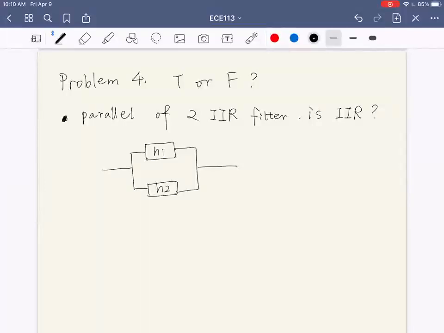And if I give you a concrete example, h1 of n is the unit step function, and h2 of n is a delayed unit step function, right? Then we can determine whether it is a positive or a negative sign. Let's say it is plus h1 and minus h2.